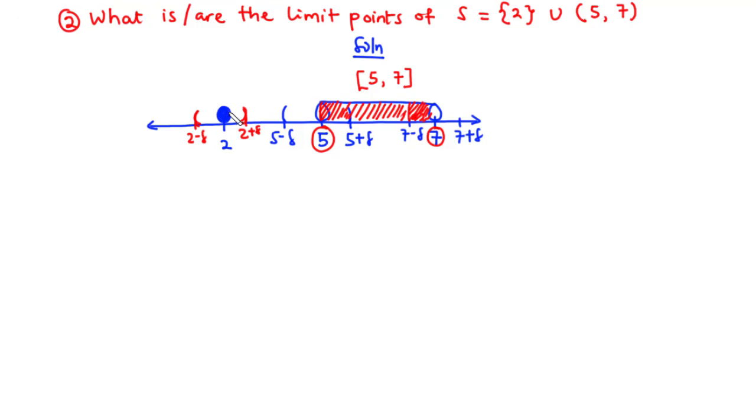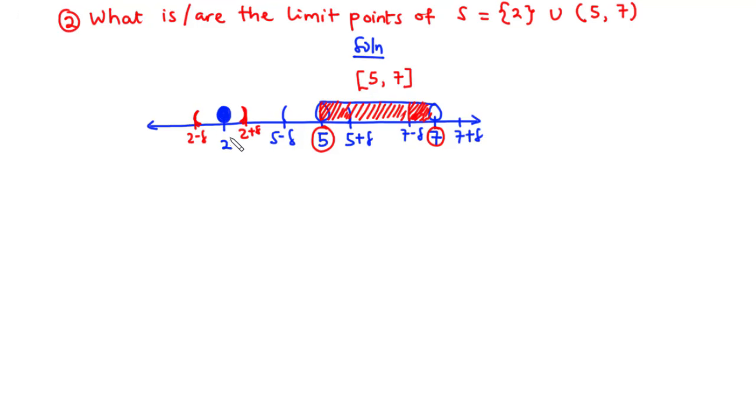Since the intersection between 2 minus delta, 2 plus delta, and S does not contain infinitely many points, it means that 2 cannot be a limit point of S.